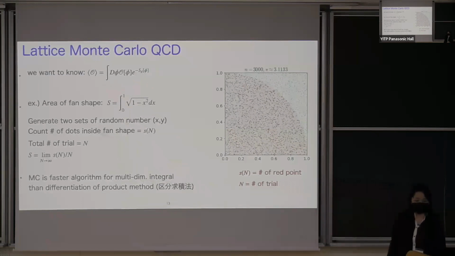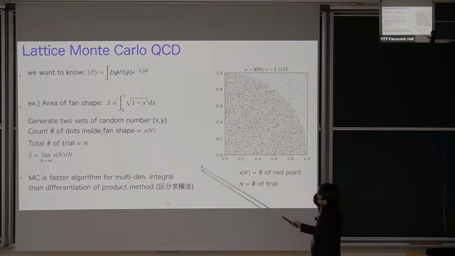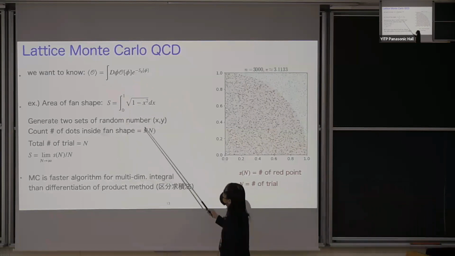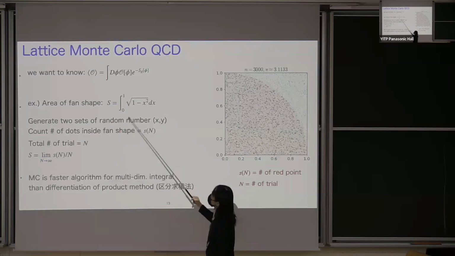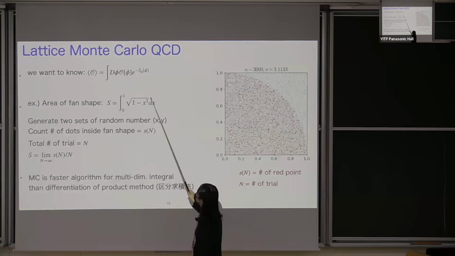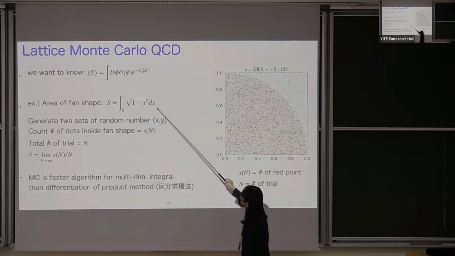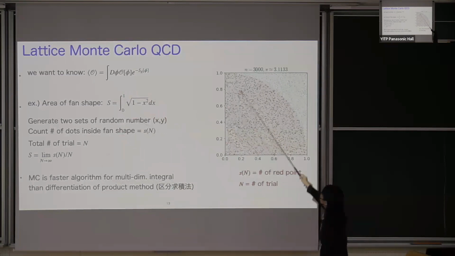And to explain what lattice Monte Carlo QCD is, let me start with what the Monte Carlo algorithm is. This is a simple example. Let me consider this simple integral. As you know, this is the area of this fan shape, with radius equal to 1.